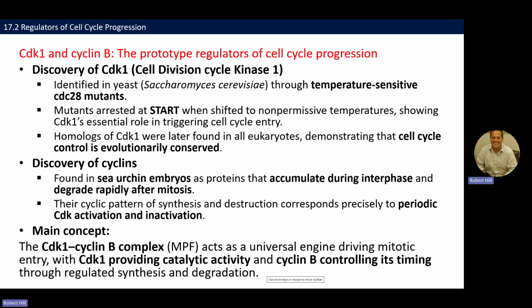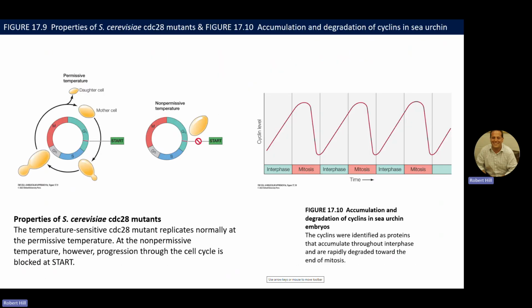This confirms that cyclin synthesis and degradation serve as the timing mechanism for the activation of CDKs. So the CDK1 cyclin B complex became recognized as the universal mitotic entry system.